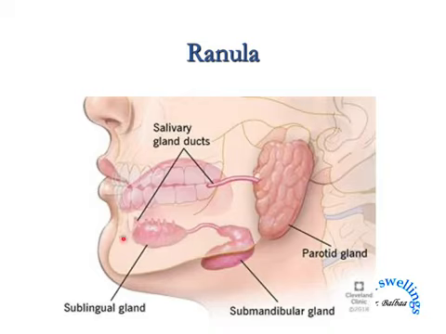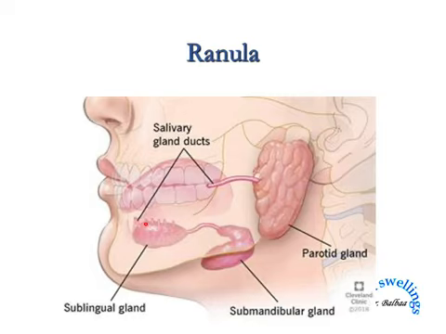However, the sublingual gland has several ducts that open directly into the floor of the mouth. So what is ranula? It is a mucus cyst present in the floor of the mouth, and this cyst is mainly related to rupture of some of these ducts after their obstruction.